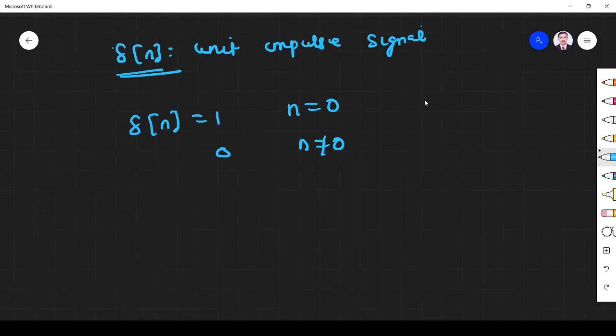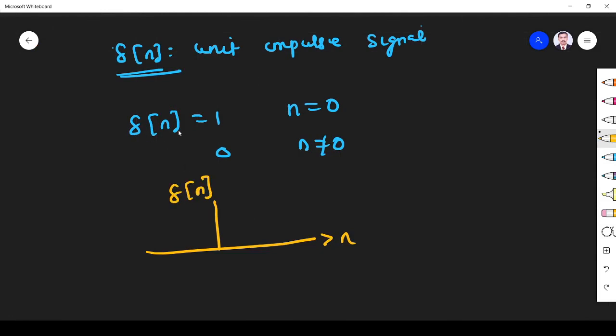So how can we draw it? The x-axis is n and the y-axis is del of n. This del of n has a value only at n is equal to 0. When n is equal to 0, del of n has a value of 1. This is the unit impulse. Only one sample is there, that's why it is called unit impulse.